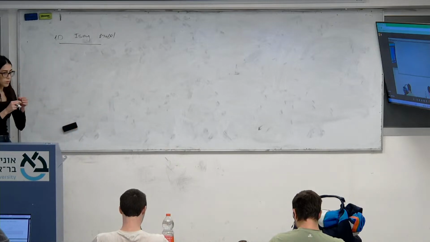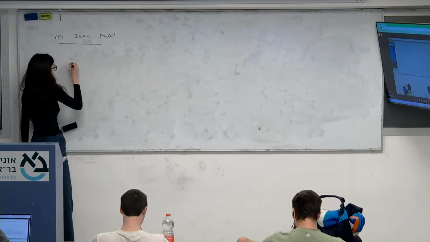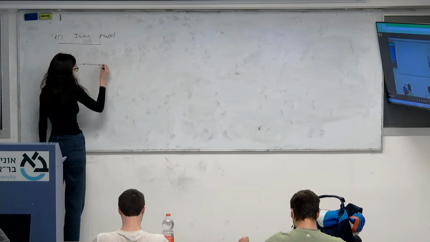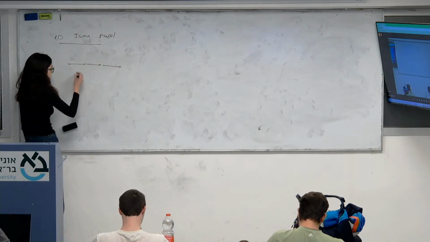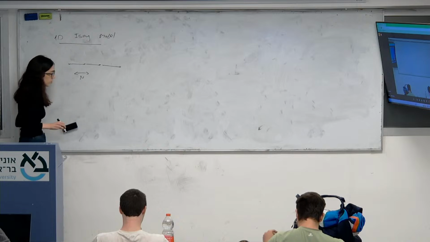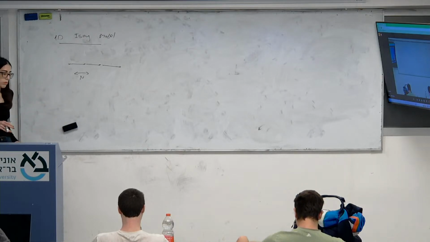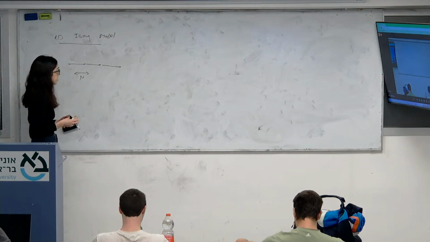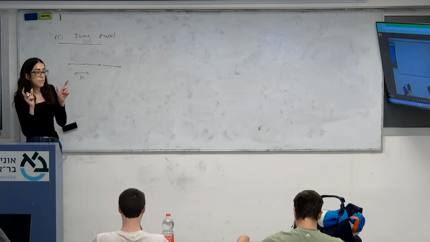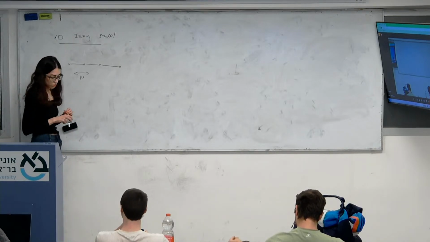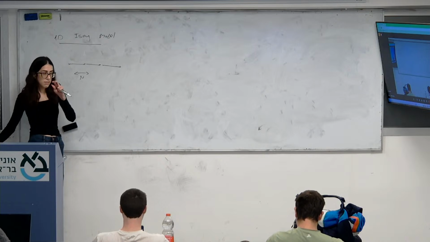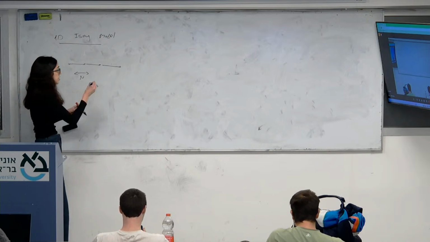We have a chain of spins of size n, and we're going to look at the last stage of the phase transition. So I'm going to have two clusters, one-dimensional clusters, but still.